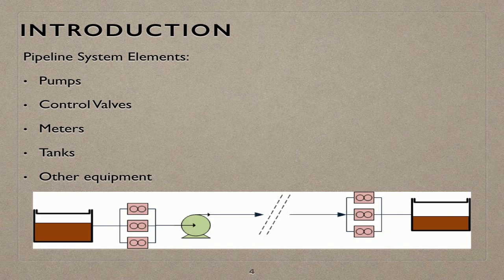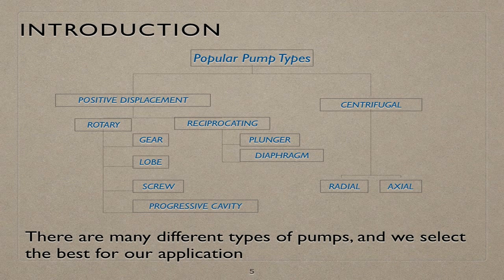As an example, in a pipeline system, the elements include pumps, control valves, meters, tanks, and other equipment. There are many types of pumps, and we select the best one for our application. The most popular type of pump in industry is the centrifugal pump.